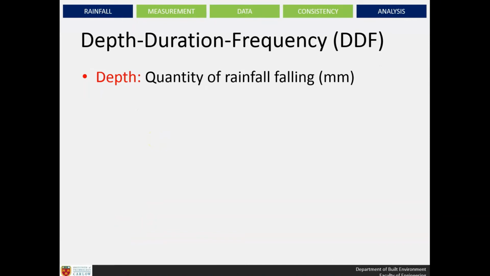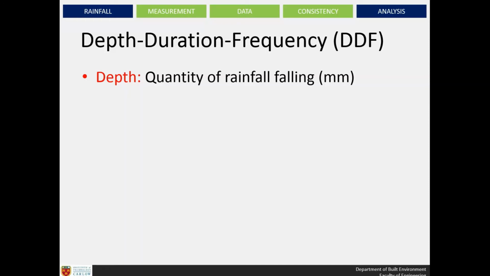The next key rainfall analysis technique that I'll introduce relates to analysing the frequency of rainfall events. Now, information on frequency of heavy rainfall is often needed to design hydraulic structures, flood protection or drainage schemes. One issue with frequency analysis for rainfall is that it's somewhat more complex than the analysis of river discharges, because in that case you're only interested in a single variable, say the peak discharge.